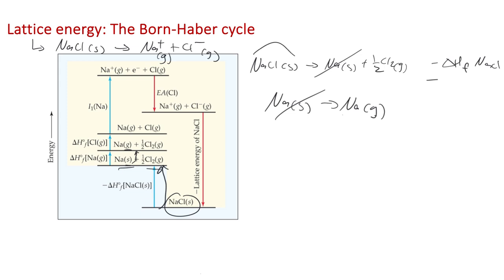And I've just changed the physical state of sodium into the gaseous state. This equation here, there's two ways I can think of this delta H. This delta H here would be the delta HF of the sodium gas, because sodium solid's delta HF is 0. So the delta H of this reaction is just dependent on whatever the delta HF is for sodium gas. We could look that up in a textbook as well.